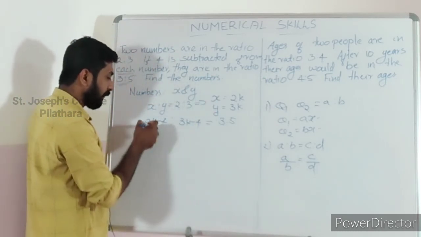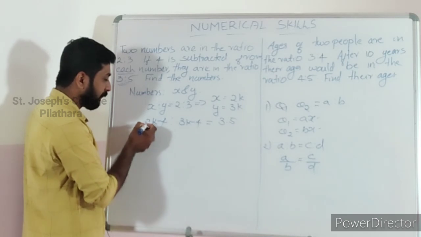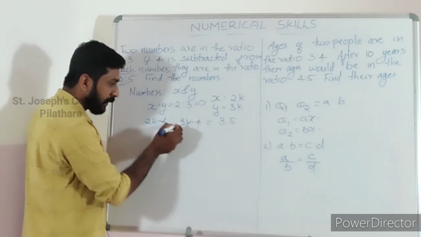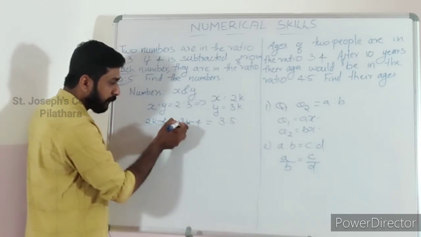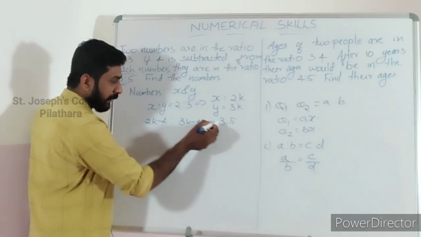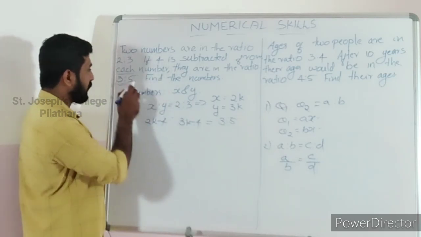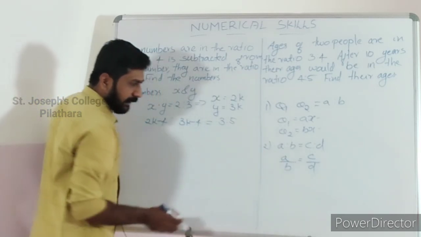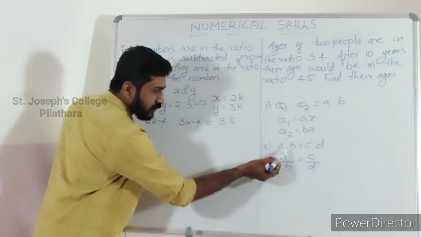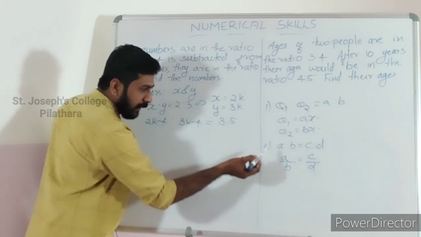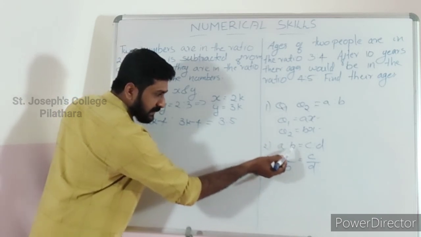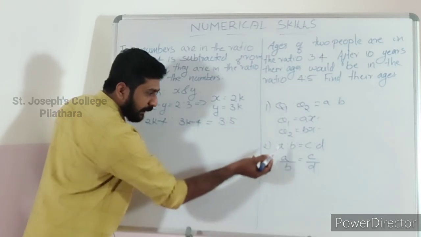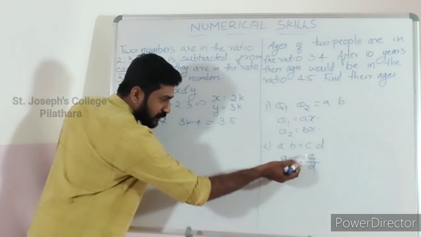The new numbers, when 4 is subtracted, become 2K minus 4 and 3K minus 4, and the new ratio is 3:5. It's given. Look at the second property: if A:B is equal to C:D, then A/B is equal to C/D.